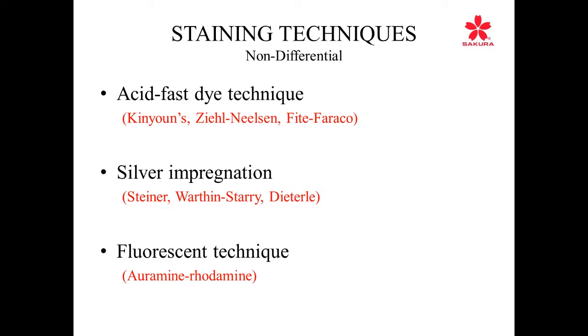The other method is silver impregnation. Well, first of all, some of the key methods of acid-fast are Kinyoun's, Ziehl-Neelsen's, and Fite or Fite-Faraco. These are the most common ones that we see used in acid-fast.